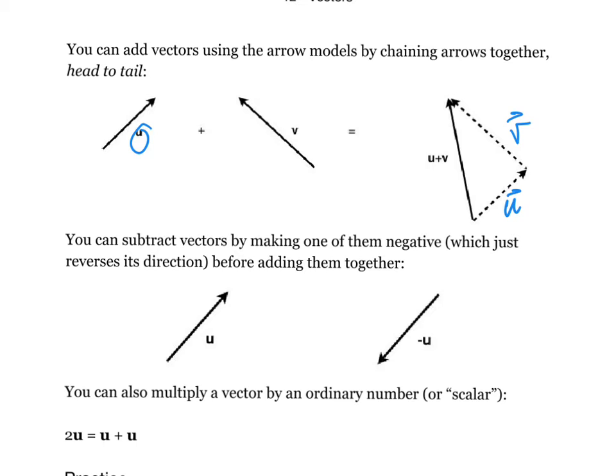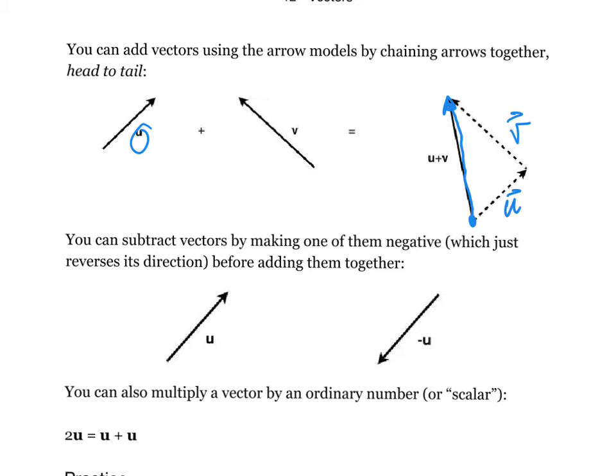So if you want to show graphically how you add vector u and vector v, you can do it this way. You can draw those two vectors together, head to tail like this, so that they make a single path from start to finish. And then the resulting vector, the sum of those two, has to be drawn in from the beginning of the first one to the end of the second one.